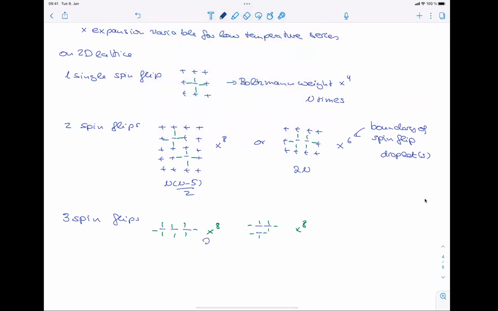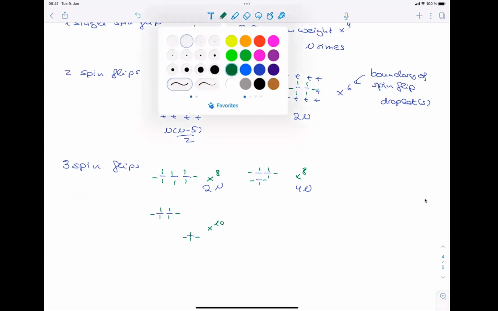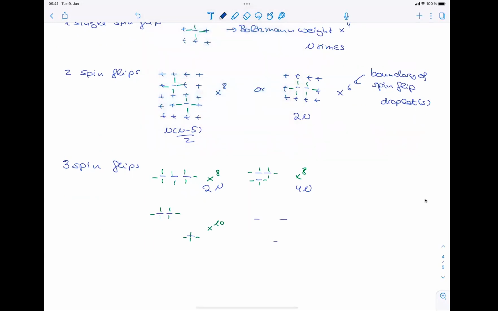And this one I have 2n times. This is 4n. I can have 2 together and 1 separate. Then I get 1, 2, 3, 4, 5, 6, 7, 8, 9, 10. So 10. I can have all 3 of them disconnected, and 1, 2, 3, 4, 5, 6, 7, 8, 9, 10, 11, 12.